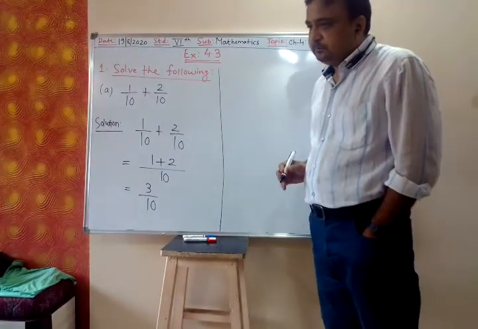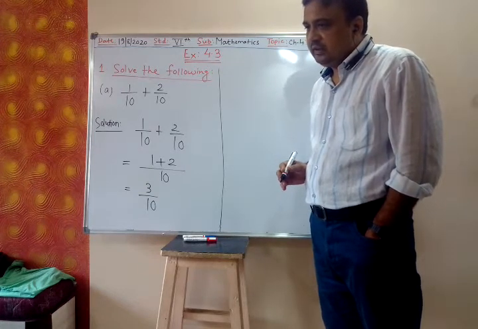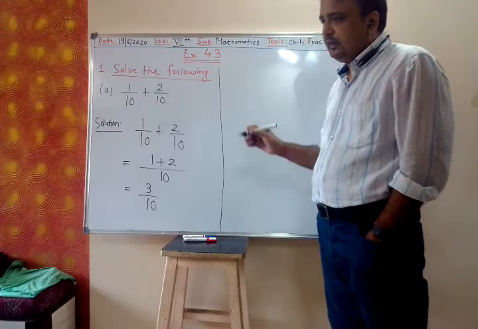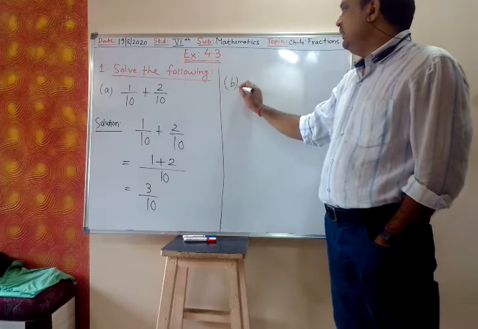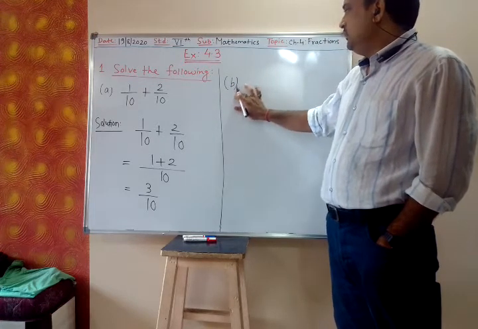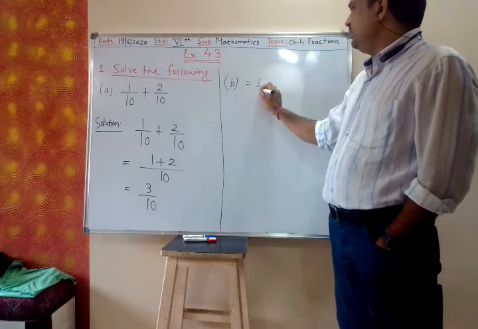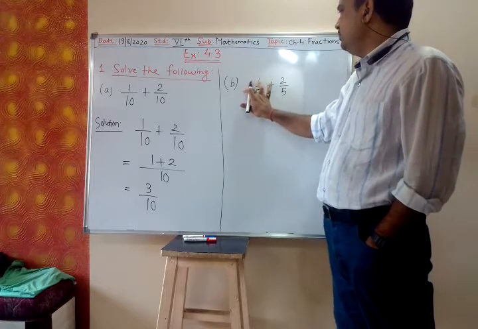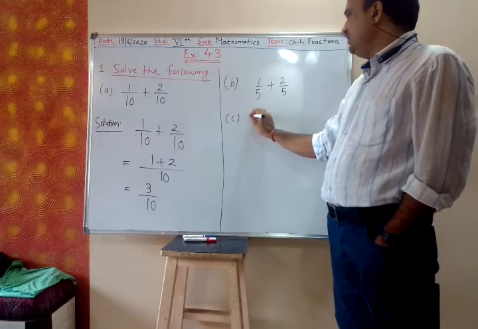So B, C, D, E, F. B is 1 upon 5 plus 2 upon 5. This will be homework. Then C, 1 upon 9 plus 8 upon 9.